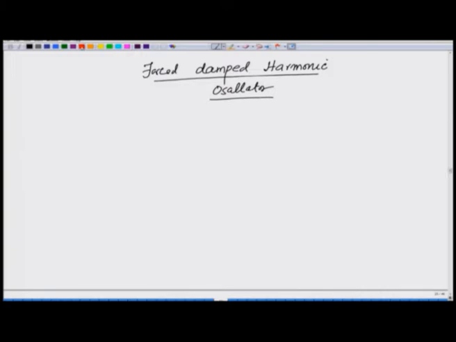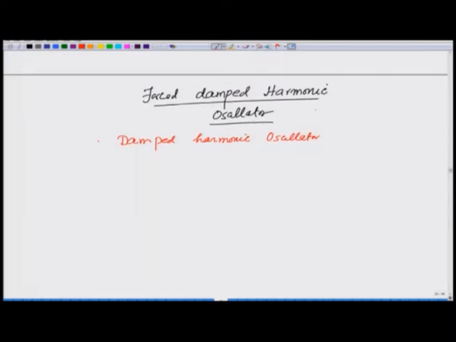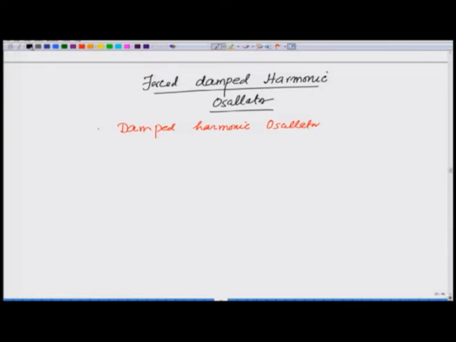You have earlier learnt about the damped harmonic oscillator, and that was described by an equation x double dot plus bx dot plus kx equal to 0, which translated to x double dot plus gamma x dot plus omega 0 square x equals to 0.